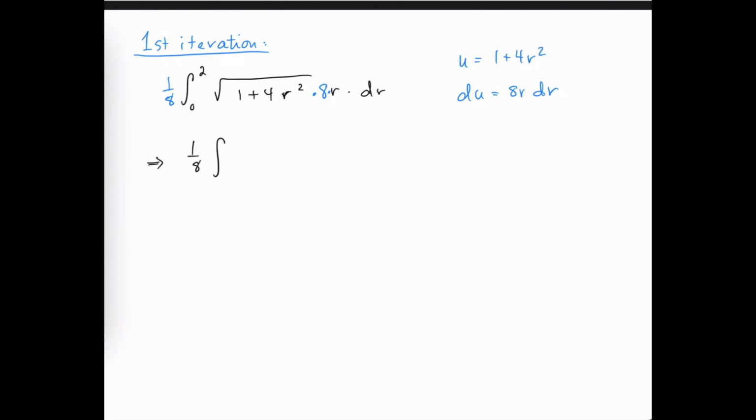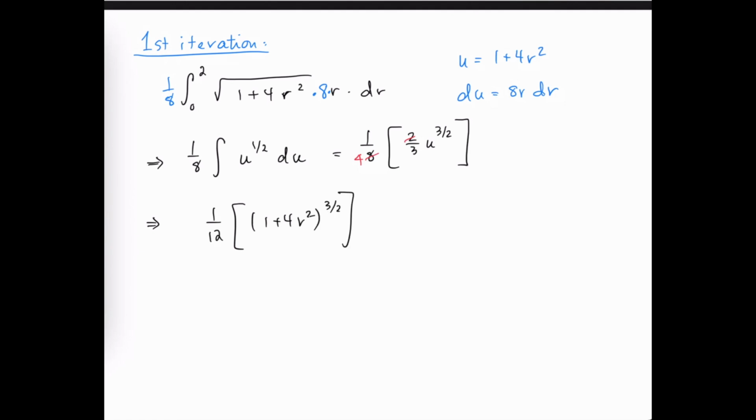So now we have 1/8 times the integral of u to the 1/2 du, which is 1/8 times 2/3 u to the 3/2. We need to go back to r, and this becomes 1/12. We'll pull all those constants to the outside, times 1 plus 4r squared to the 3/2, which is evaluated from 0 to 2.